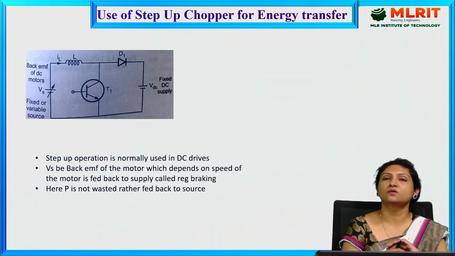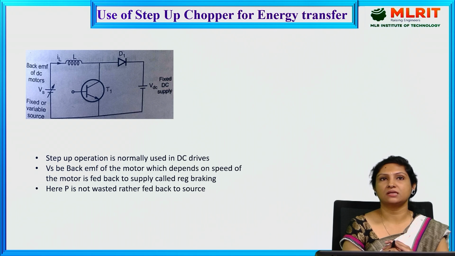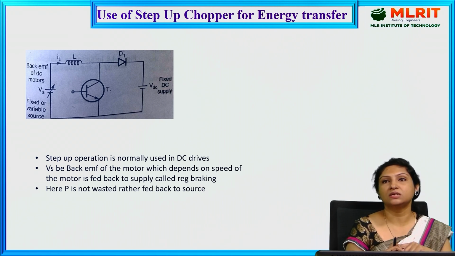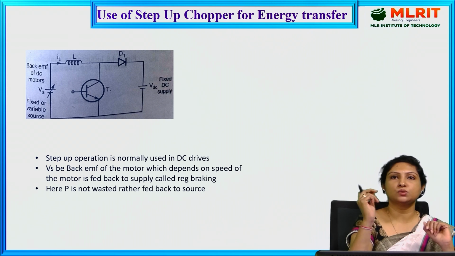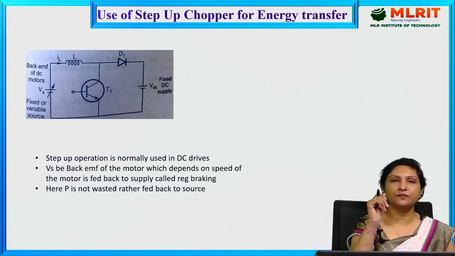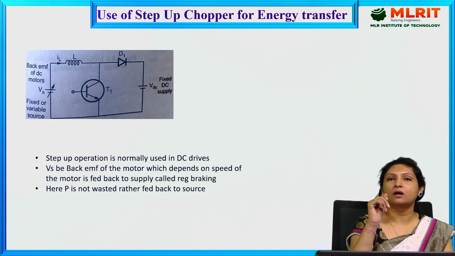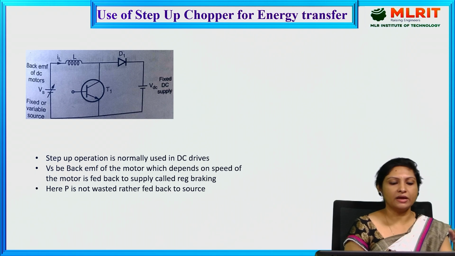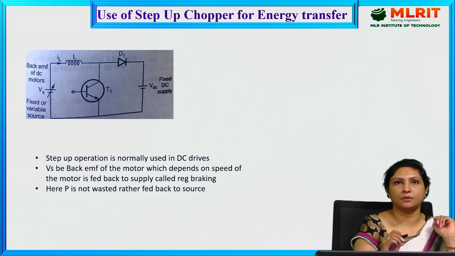Now, use of step-up chopper for energy transfer. Usually, the step-up chopper is normally used in DC drives, and this is used for energy transfer purposes. And here, this is a fixed or variable source, and from the fixed or variable source, we are feeding the energy back to the DC supply.